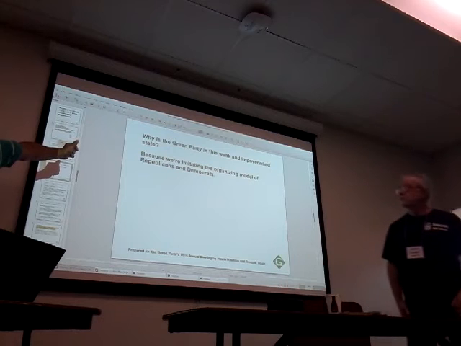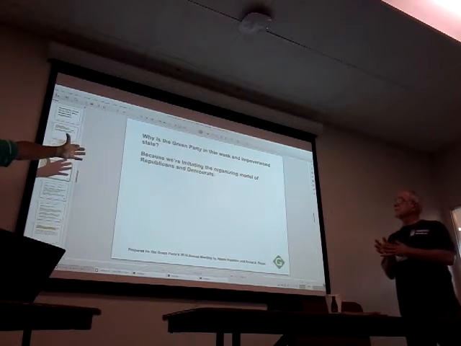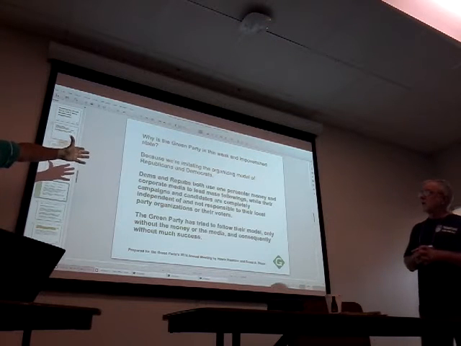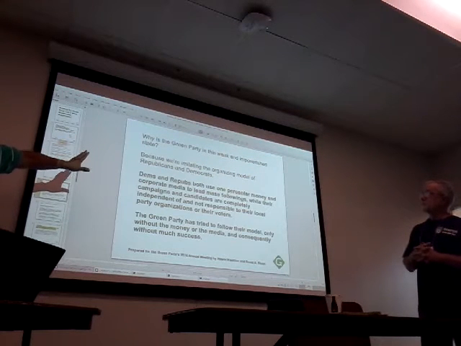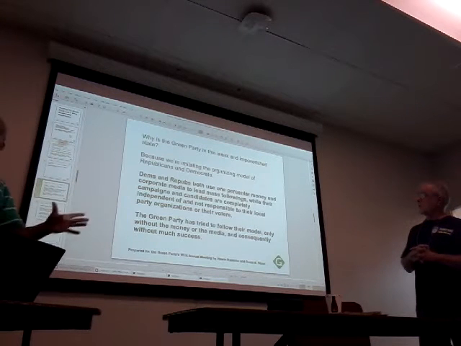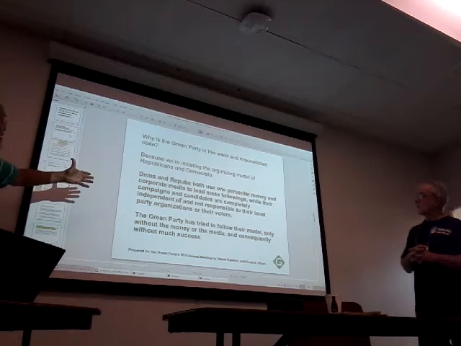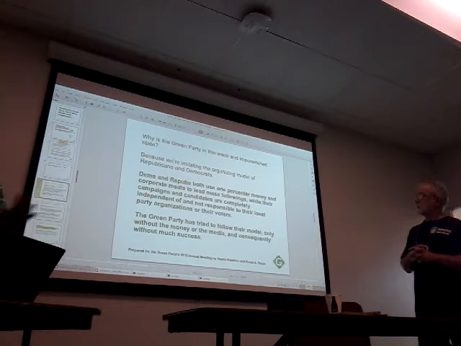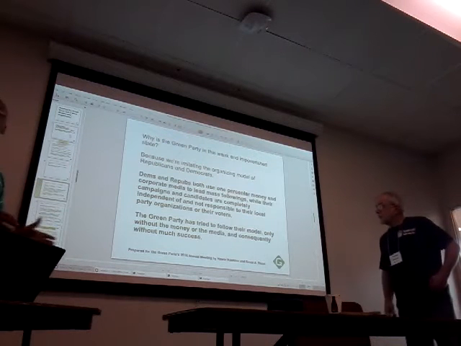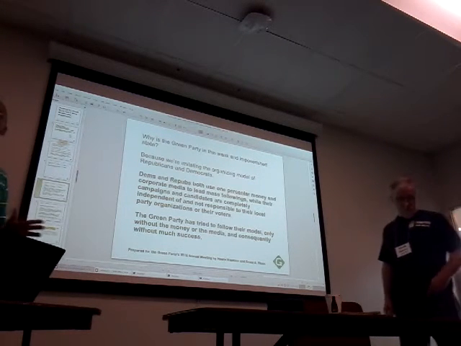We're too weak to compete because we're imitating the organizing model of Republicans and Democrats. Democrats and Repubs both use 1%er money and corporate media to communicate with their followings and to lead a mass following. And their candidates and their campaigns are completely independent of and completely not responsible to their local party organizations or their voters.